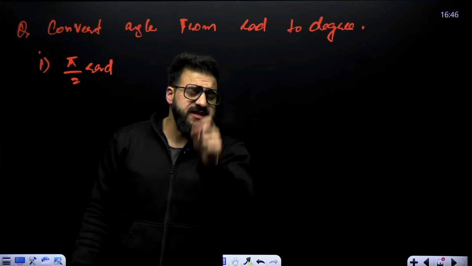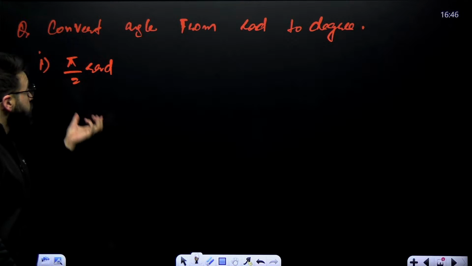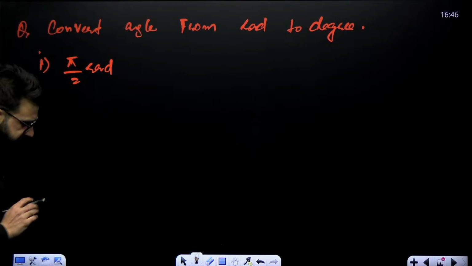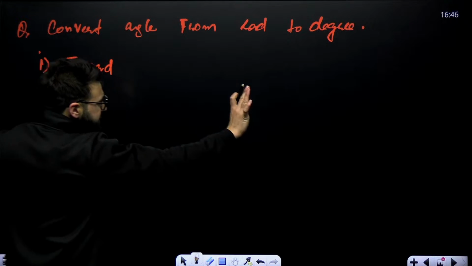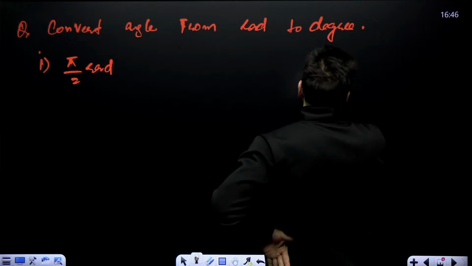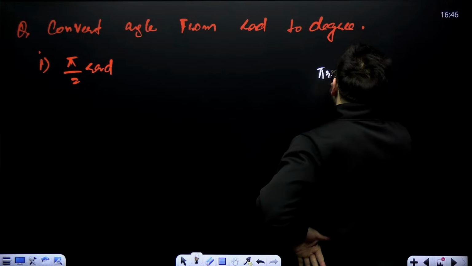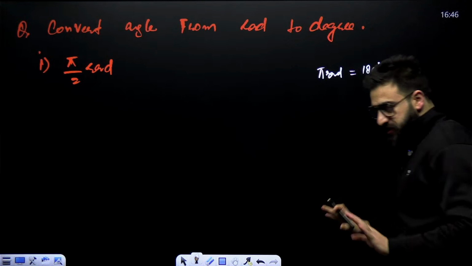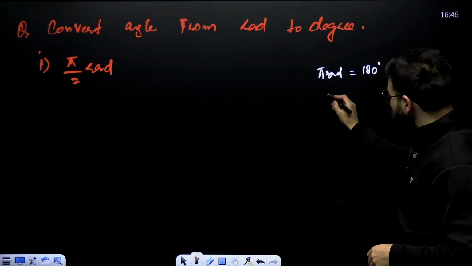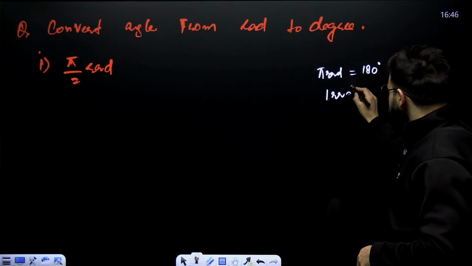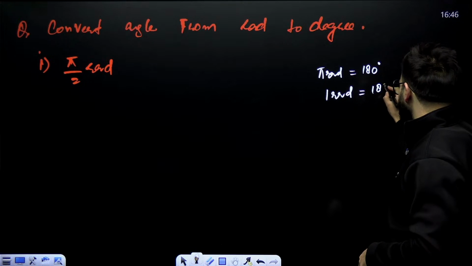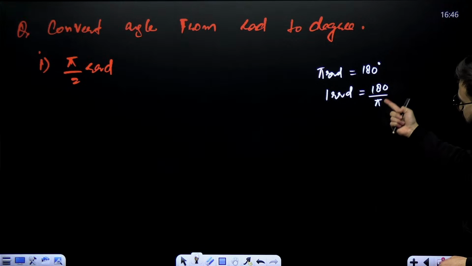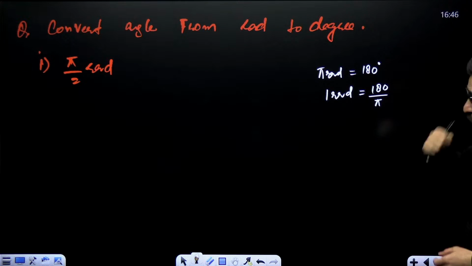What is the simple trick if you want to find out how many degrees is equal to pi by 2 radians? The basic thing I would want you guys to remember is pi radians is equal to 180 degrees. If I ask you, what is the value of 1 radian? You say value of 1 radian will be 180 divided by pi.